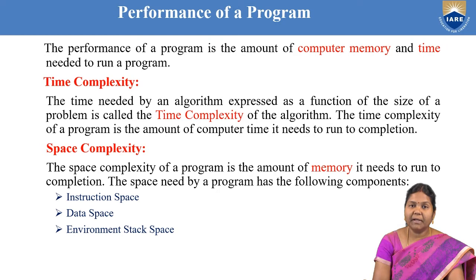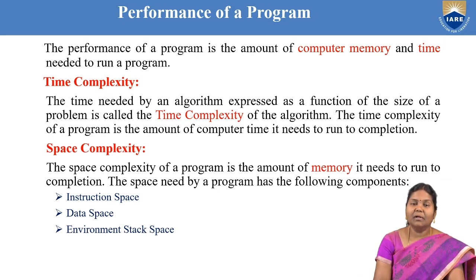The time needed by an algorithm is expressed as a function of the size of the problem, and the input size of the problem is the main criterion for computing the time complexity. You can simply say that it is the amount of computer time required for the CPU to execute the algorithm until its completion. This is called the time complexity.